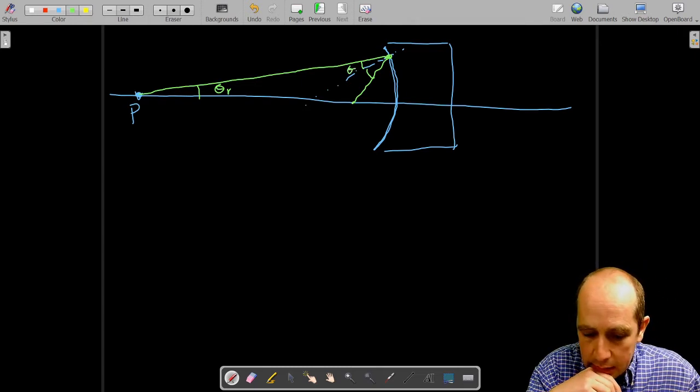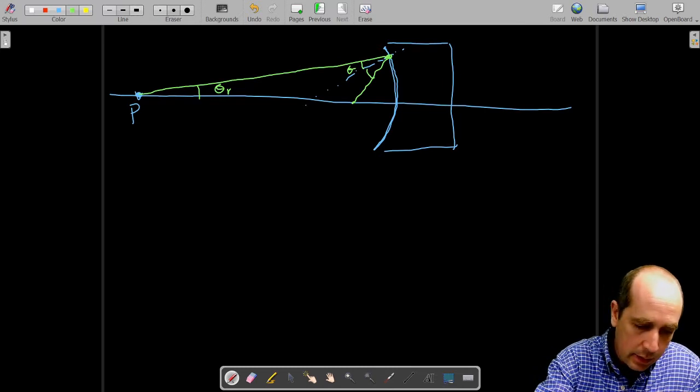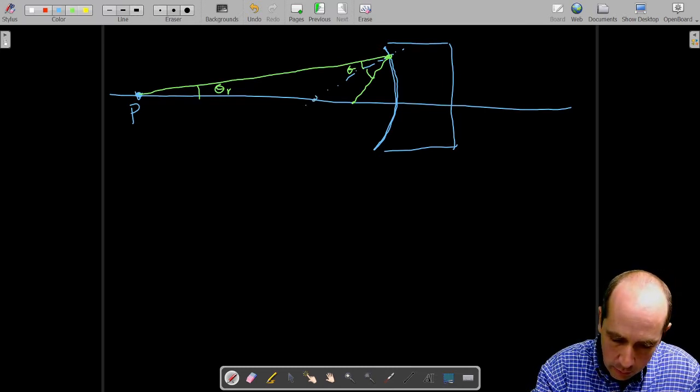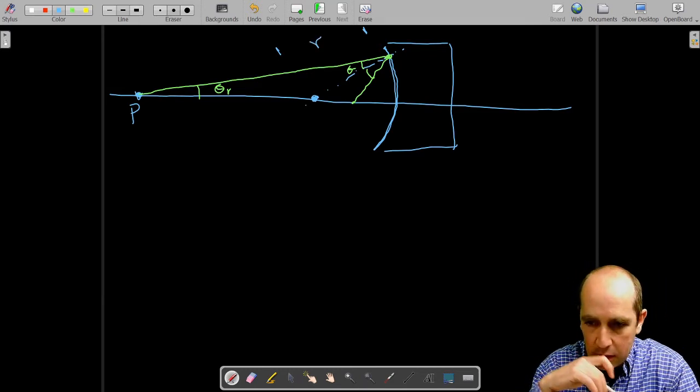This dotted line that I drew here, basically this distance from this point to the point over here is the radius of curvature of the mirror.